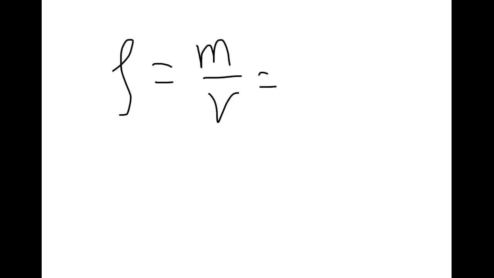In this sense, the density is going to be equal to mass per volume, but also the mass flow rate over the volumetric flow rate. And we use this point above the letter in order to indicate that this is a flow rate, okay?